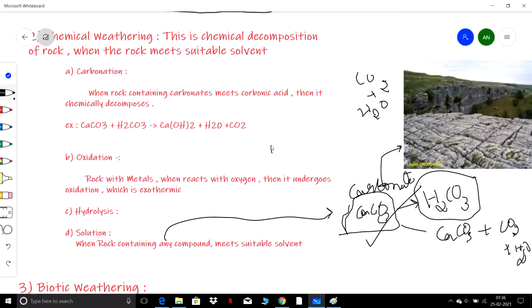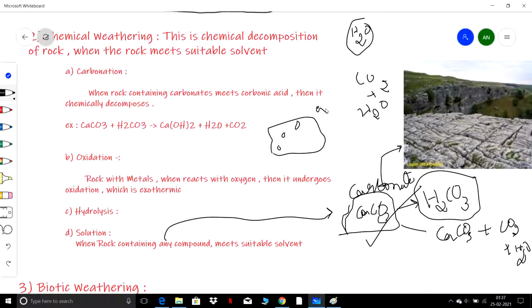oxidation. What is oxidation? Suppose a rock contains metals. These metallic minerals react with oxygen, but they can't react with oxygen directly, so they react with water, which has a high amount of oxygen. When it reacts with oxygen, it undergoes oxidation.